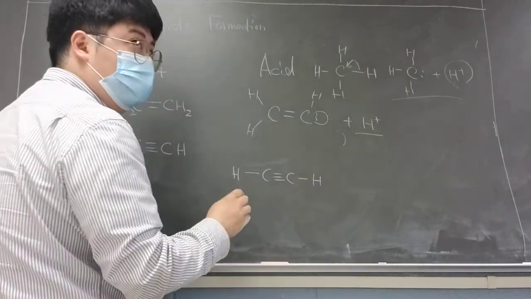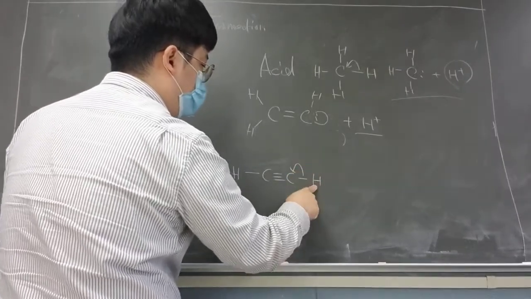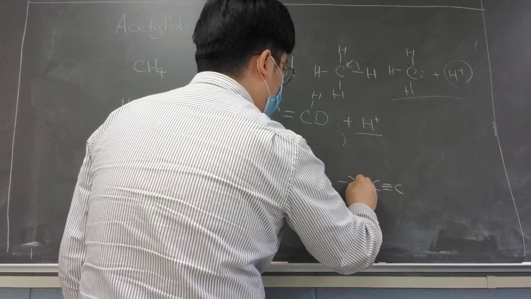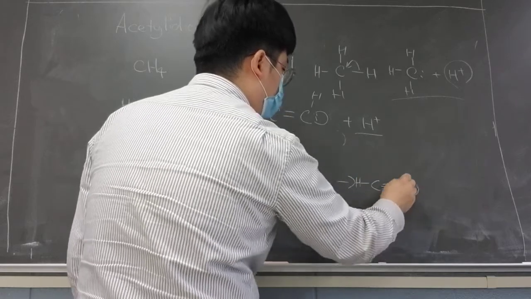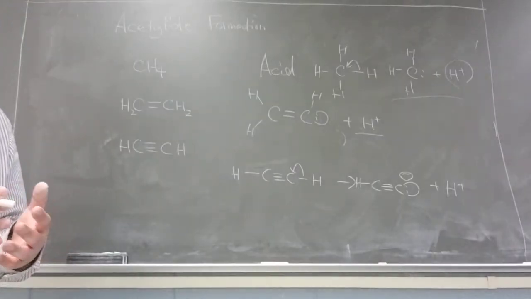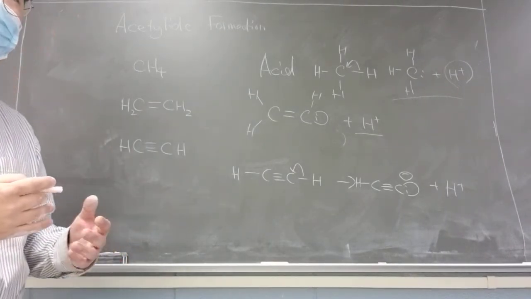Once you have acetylene, it can donate the hydrogen, so it becomes acetylide. So it behaves like an acid by donating the proton.